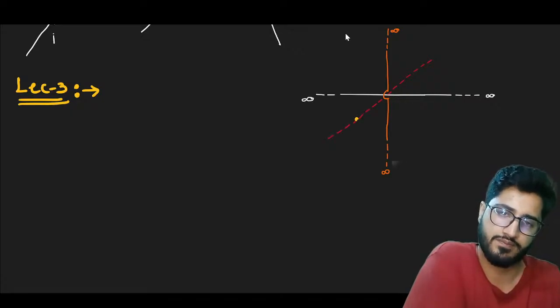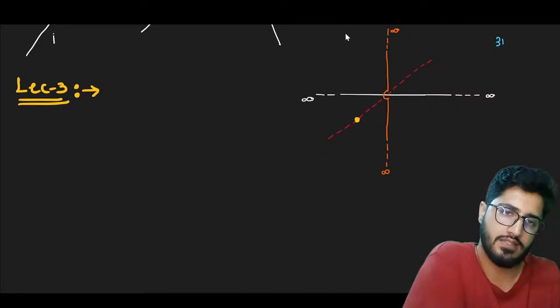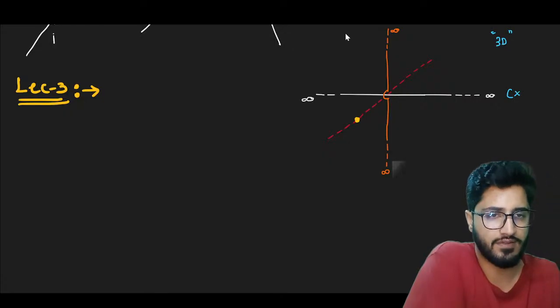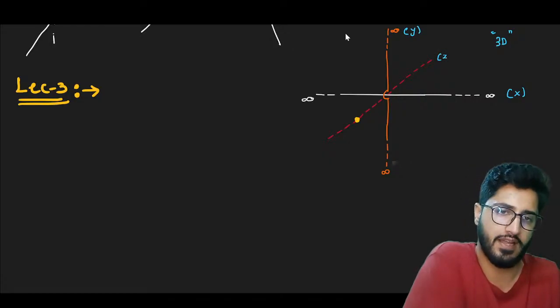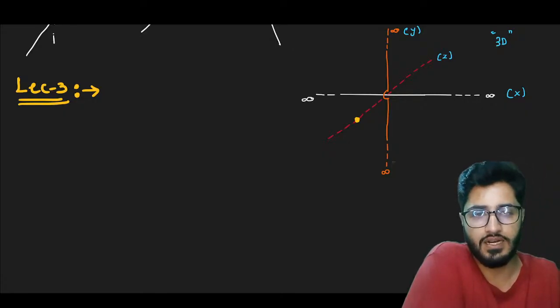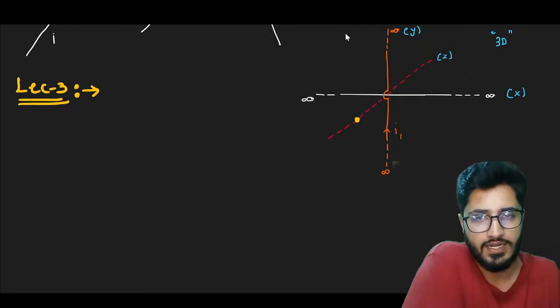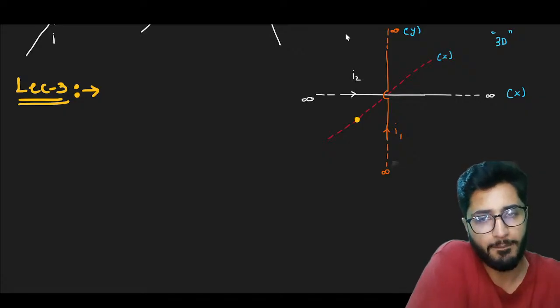My point is here. This one is the x-axis, this one represents the y-axis, and this one represents the z-axis. Current I1 is flowing in this wire, and in this wire current I2 is flowing. Now I need to find the magnetic field at this particular point P due to the I1 wire and the I2 wire.